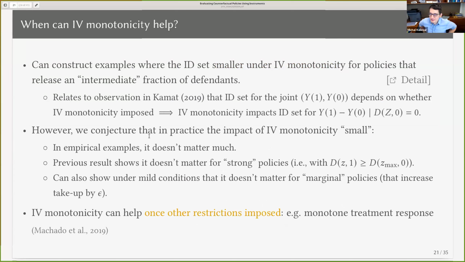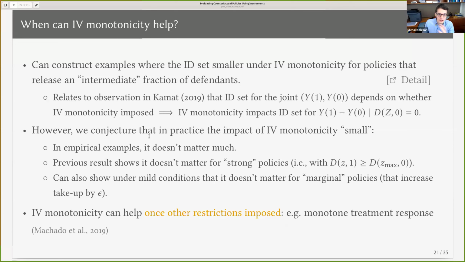Now, I guess this was the question that Hito already previewed, which is when can other types of restrictions help, and when is it IV monotonicity and when is it other restrictions if IV monotonicity is not helpful? So in the characterization I gave you, there are two sufficient conditions that ensure that IV monotonicity doesn't help.